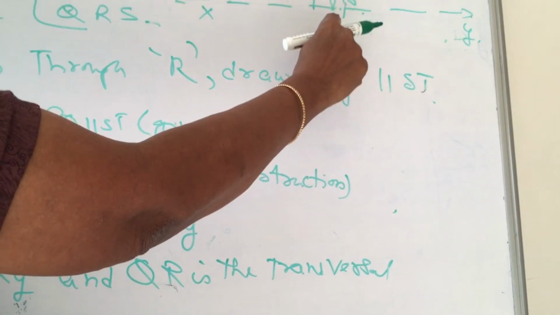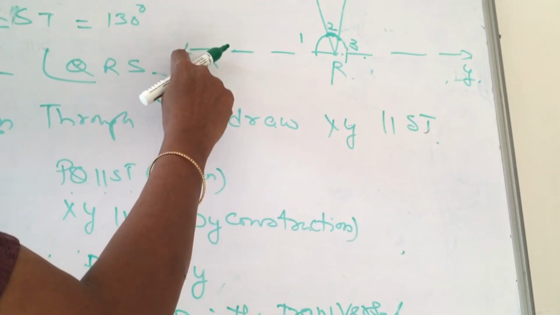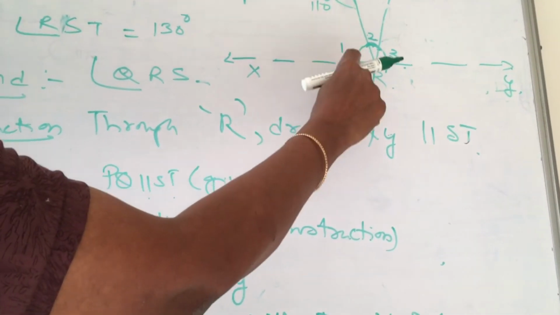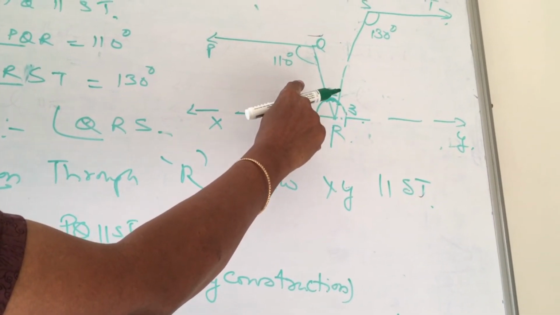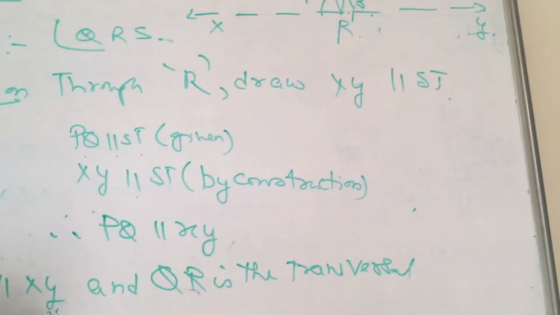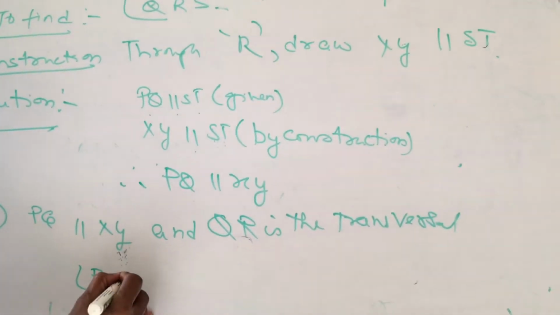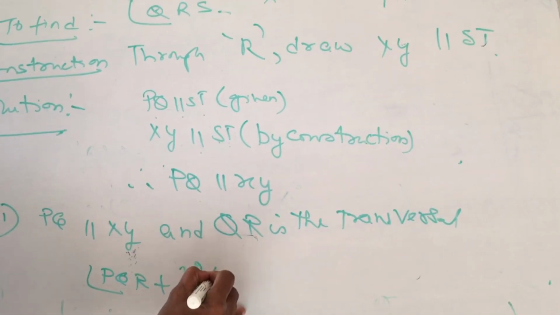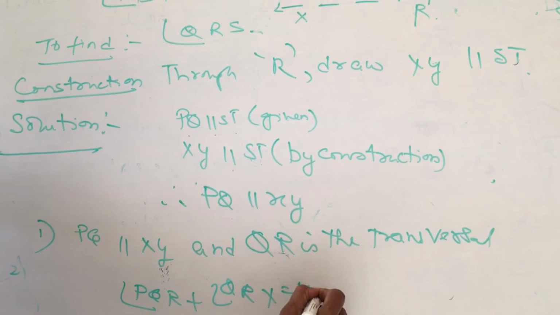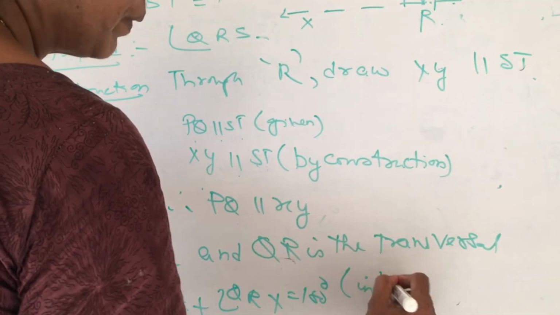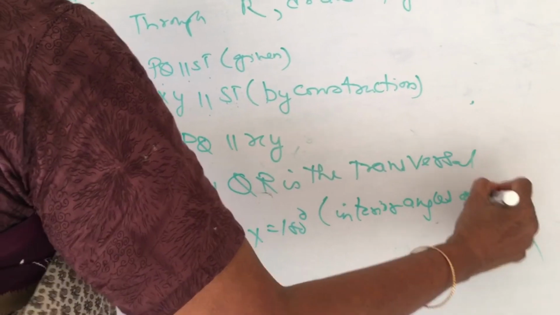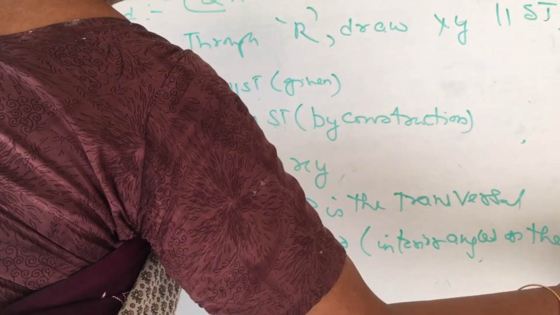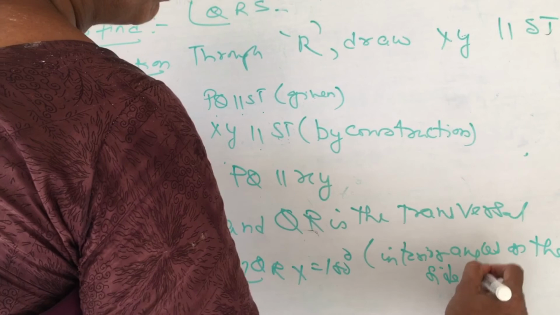Angle PQR, angle QRX are what angles, children? Angle 1 and angle 110 degrees are the interior angles on the same side. Angle PQR plus angle QRX is equal to 180 degrees. The reason is interior angles on the same side of the transversal.